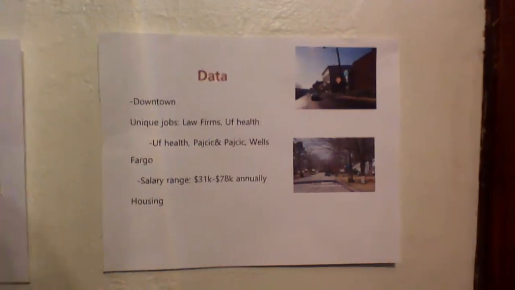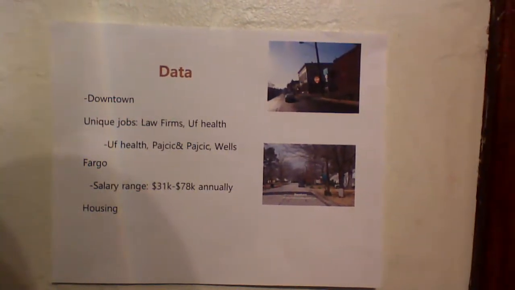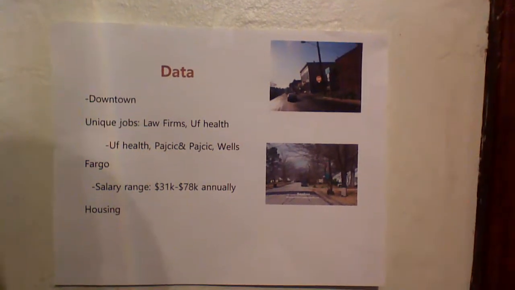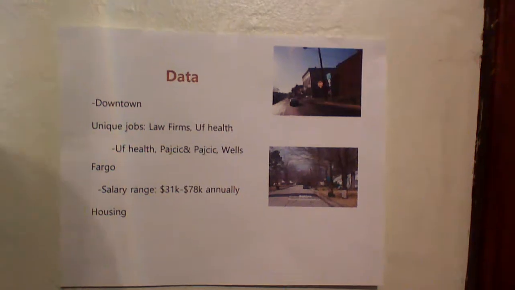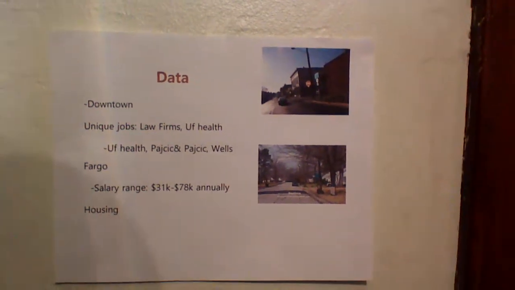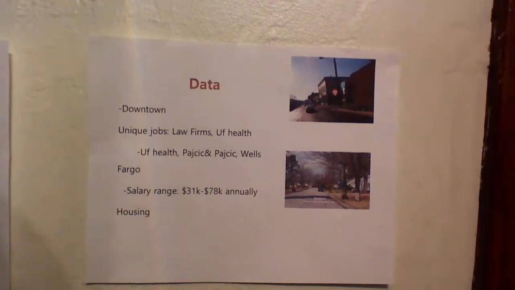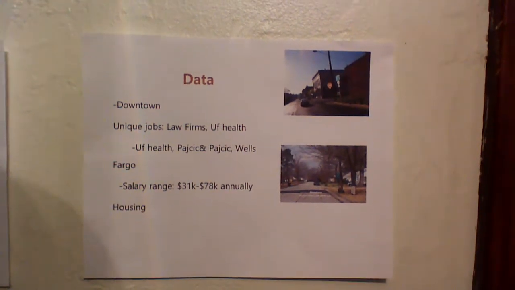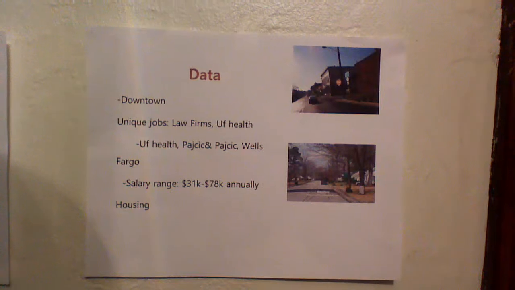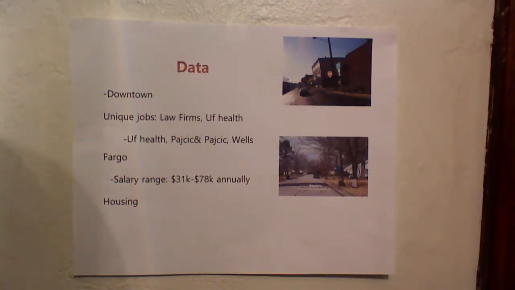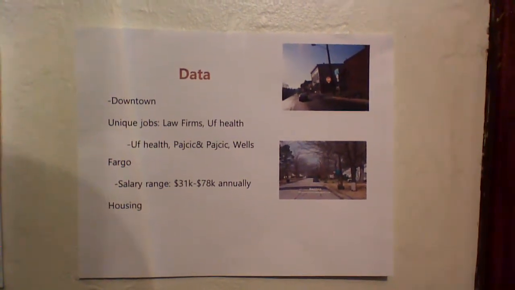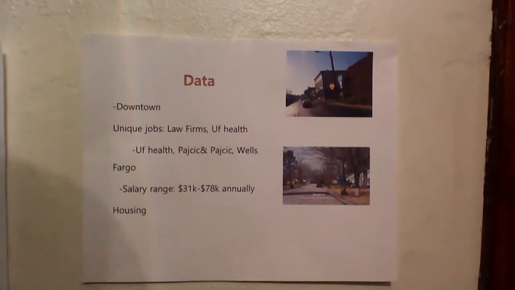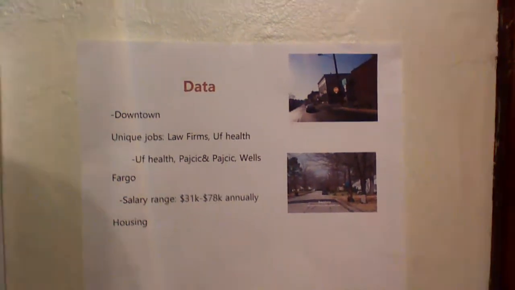First, let's take a look at downtown. Some unique jobs offered downtown are law firms and health services such as UF Health, Pagic, or Wells Fargo. The salary range was calculated by taking a look at the lowest possible earnings, the lowest possible job, which paid $31,000 annually. The highest paying type of job downtown offers $78,000 annually.